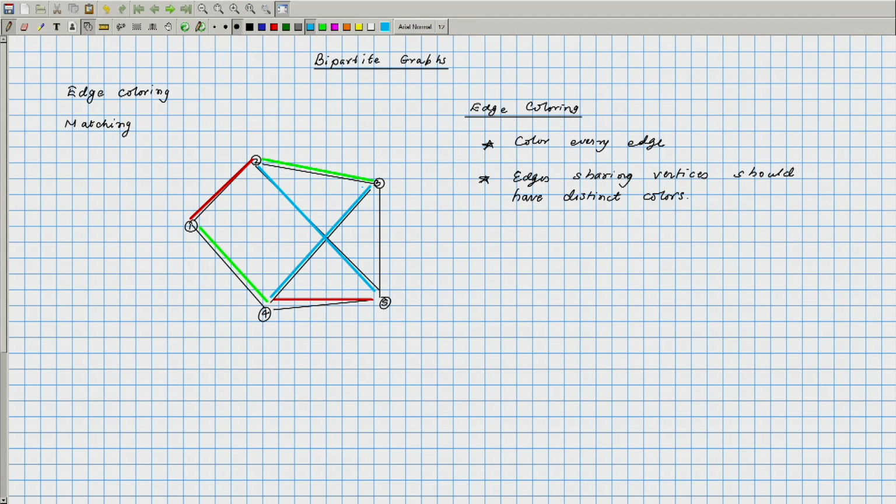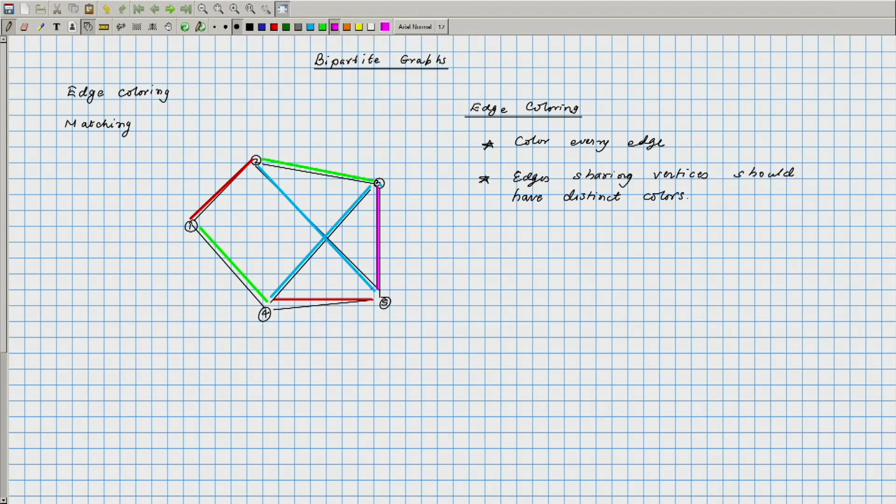Now, if you look at vertex 3, there are 2 colors already being used there, blue and green. So, the 3,5 edge cannot be blue or green, and because the 4,5 edge is using red color, this cannot be red either. So, maybe we will have to use a different color. Let us say if we use a pink color, then this is a valid coloring.